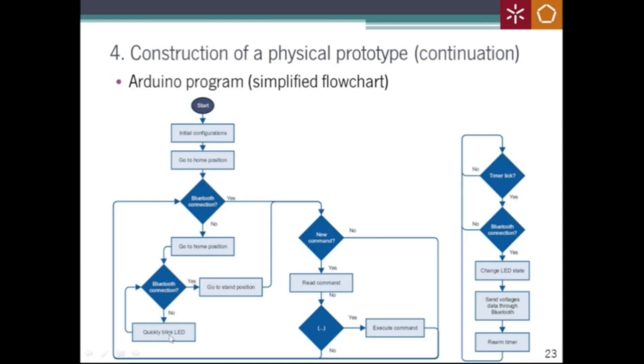When there is a Bluetooth connection, the robot gets up and executes the commands that are received through the Bluetooth module. Every 5 seconds, the voltage of the battery and servo motors are read and sent to the Android application, and the LED changes state.